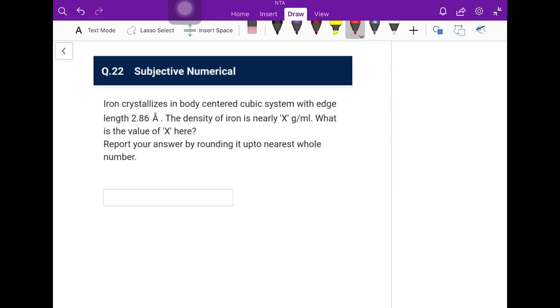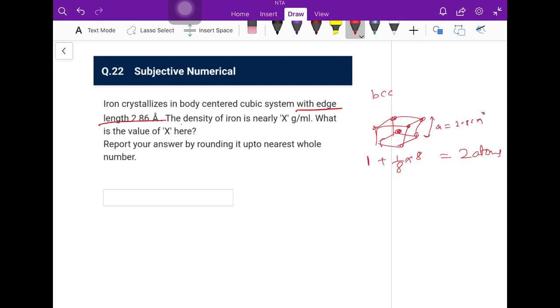Iron crystallizes in body centered cubic, BCC. So in BCC, it has one atom at the body center and one atom at the corners. So overall if atoms are counted, 1 plus 1 by 8 into 8, so we get 2 atoms. Now with edge 2.86 angstrom, we have been given the edge 2.86 angstrom.